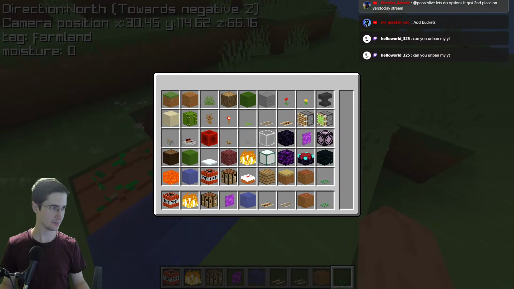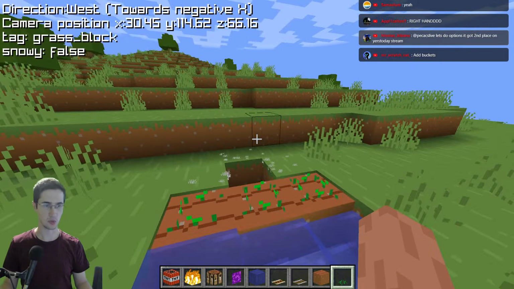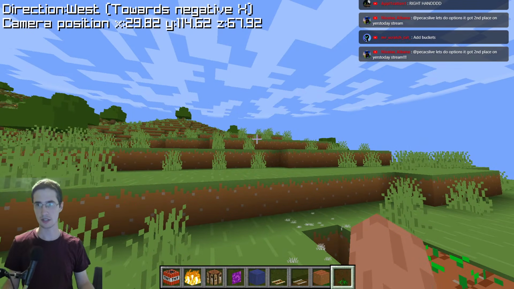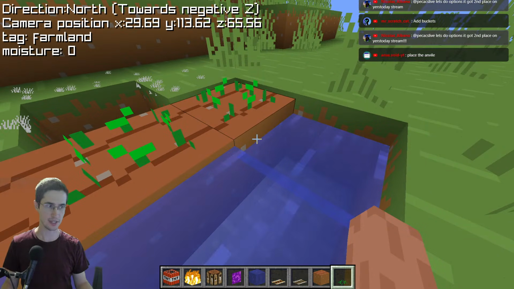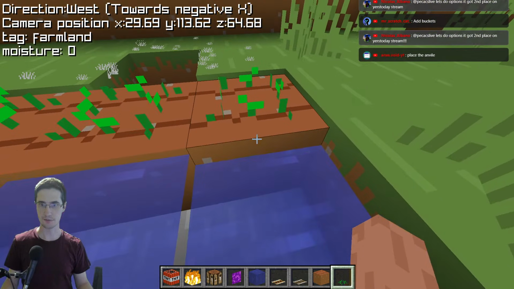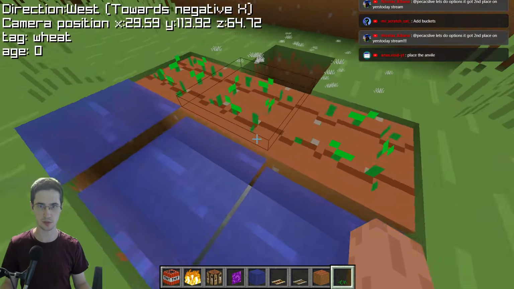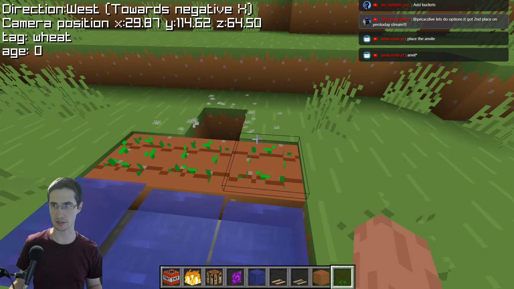Second, guys. We have debug information on the top left, and we can see that every block has a block state. This farmland has a moisture, and the moisture goes up to 7. When it becomes 7, it becomes wet farmland where the wheat can actually start growing.